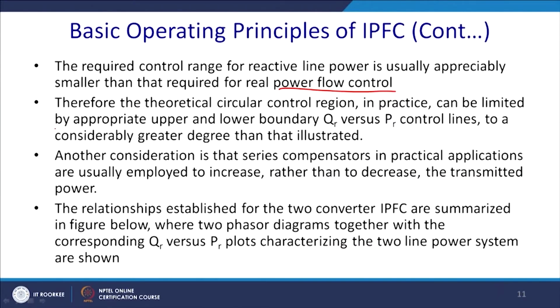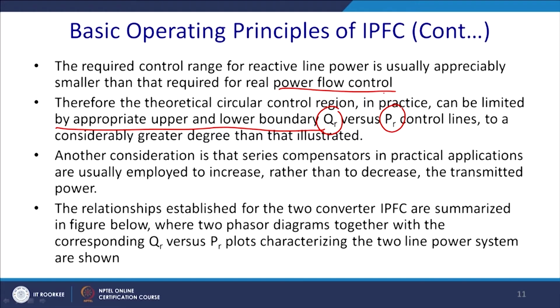Therefore, theoretically the circular region which we have shown has P and Q balanced, but it is not so. So, basically we have to inflate the diameter along the P, thus it becomes an ellipse. The circular region in practice can be limited to an appropriate upper and lower boundary of QR and PR line control to a considerably greater degree than has been illustrated.